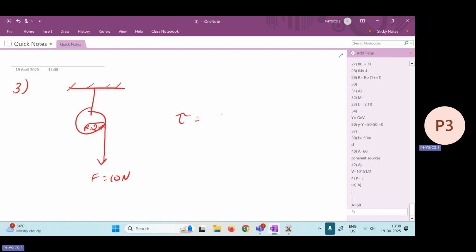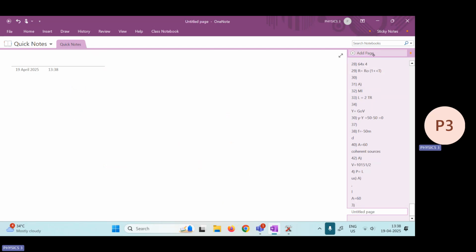Now torque we know is I alpha. So the torque of this force, 10 into 2, is equal to I into alpha, which is given as 2. So I comes out to be 10 kg meter square. So option A is absolutely correct in this situation. Okay, now let's go to the next question.